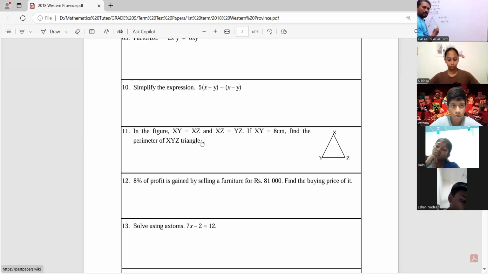If xy equal 8 centimeters, find the perimeter of xyz triangle.